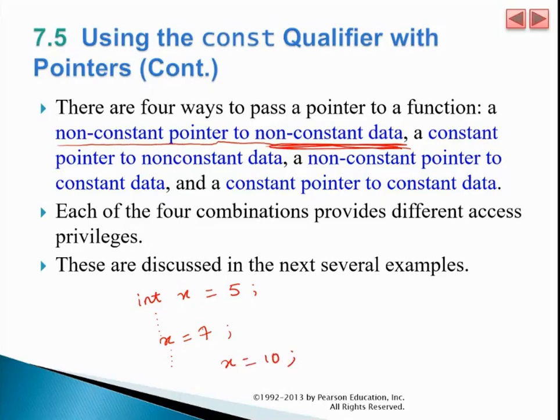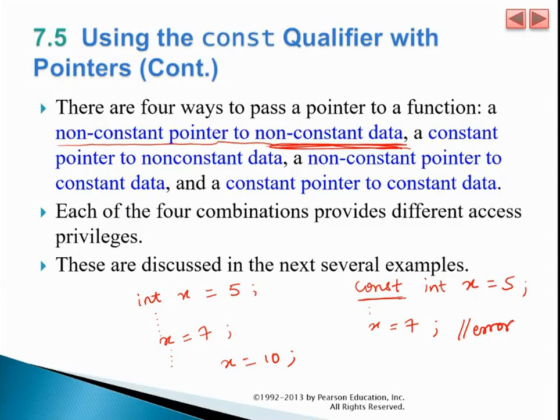So these are called non-constant variables or non-constant data. If I declare it in this way, const int x equal to 5, and later at some point I write this line, there is an error. I cannot change the value of x because it is defined as a constant type, right? So this is called constant data.